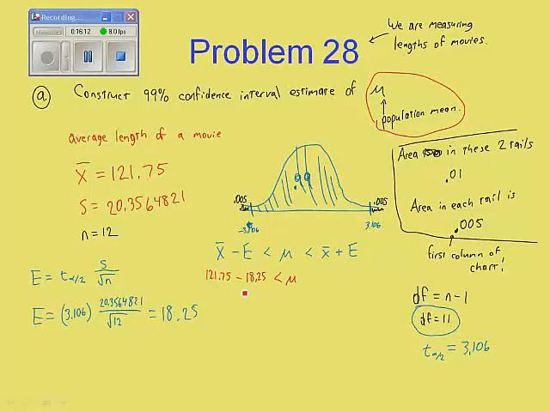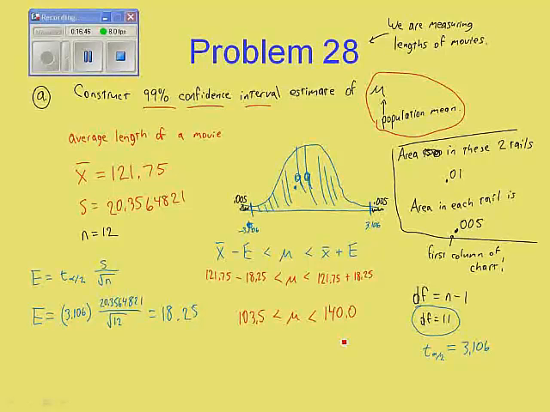And mu is going to be between that and 121.75 plus 18.25. Okay? That's my 99% confidence interval. So I guess my 99% confidence interval would be, looks like, 103 and a half and 140. That look okay?